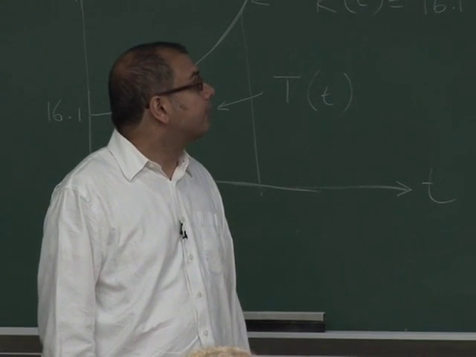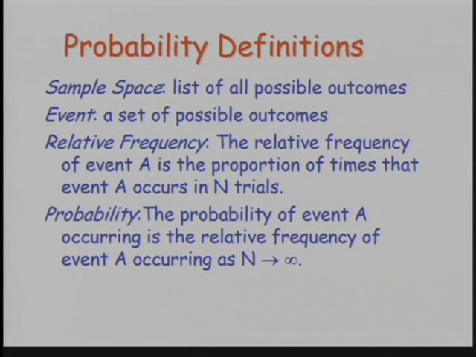Okay. Relative frequency of an event A is the proportion of times that event occurs in some fixed number of trials.